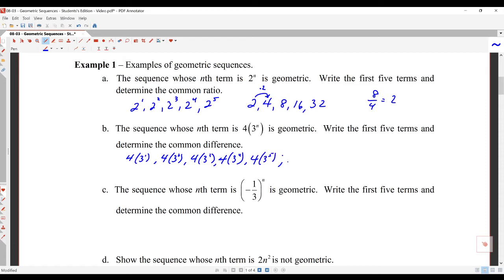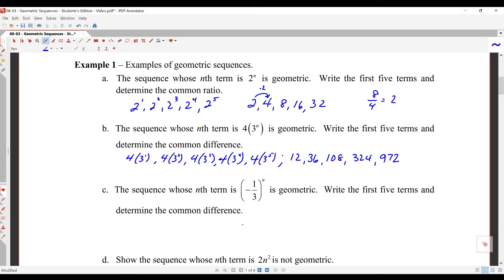Written out, 3 to the first is 3 times 4, which gives us 12. 3 squared is 9 times 4 is 36. 3 cubed is 27 times 4 is 108. 3 to the fourth is 81 times 4 is 324. And 3 to the fifth is 243 times 4, which is 972.